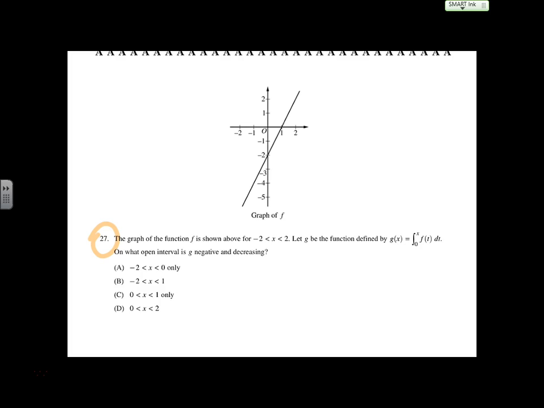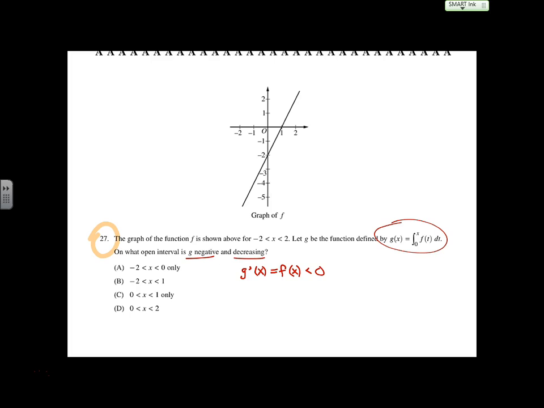What's going on? Graph of F. Ooh, this is an accumulation function, so G equaling integral. G needs to be negative and decreasing. This is F. Okay, in order for G to be decreasing, G prime, which is equal to F of X, has to be negative.